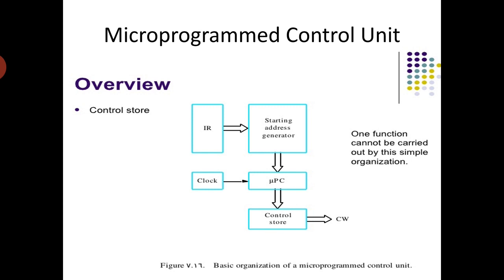The control unit can generate the control signals for any instruction by sequentially reading the control words of the corresponding microroutine from the control store. What does this control unit do? The control unit generates the control signals.